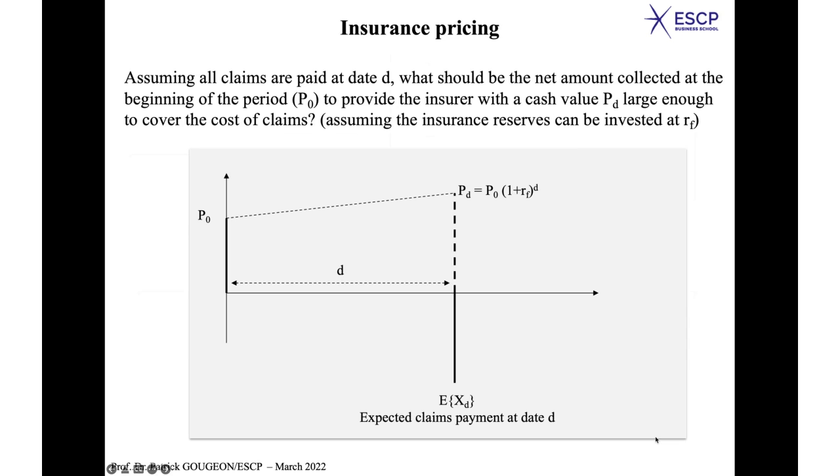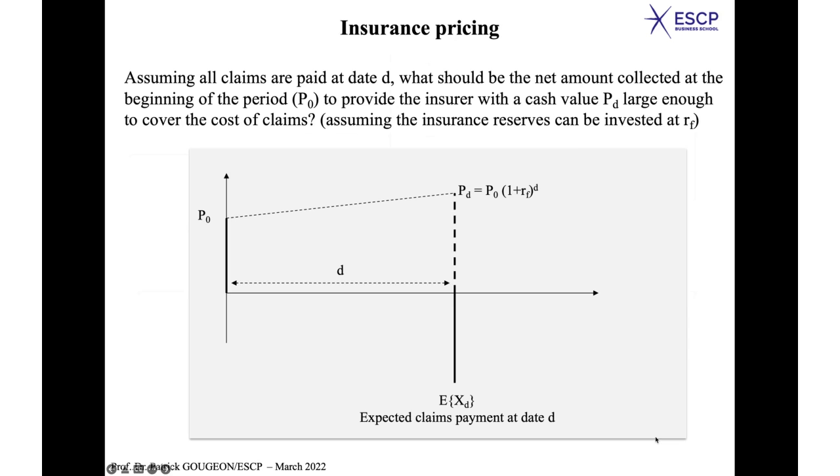So that's a problem. But you see, the problem comes from the fact that you only have an estimate of the expected claims payment at date D. In real life, and you see how tricky the insurance business is, you don't know exactly what D will be. You don't know perfectly when you will have to pay in the future.